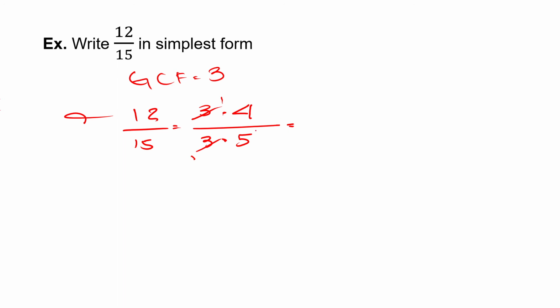Now, afterwards, when we cancel most of the things we can, we're going to multiply across 4 and 5. And that's one way to find your simplest form using factors. Some teacher probably taught you guys this, and that's okay to continue using this. If you guys didn't know this, then this is another way to find simplest form using multiplication.